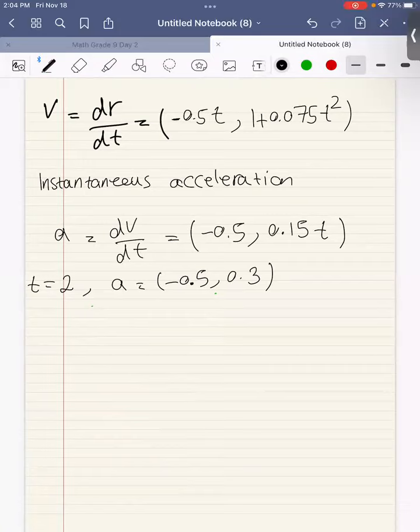So I can draw this vector in the xy coordinate. You have minus 0.5 and 0.3. It's something like this. This is A, at time 2, so I call it A2. The angle is theta.